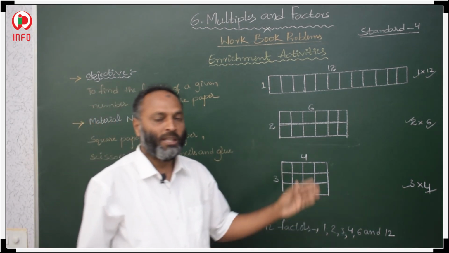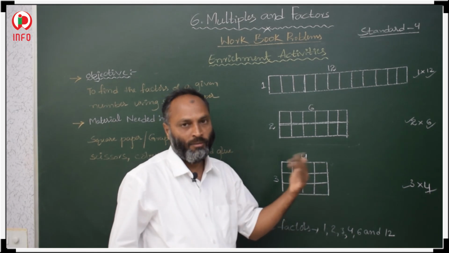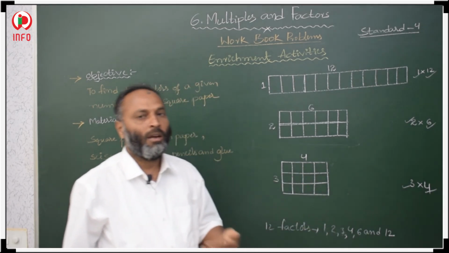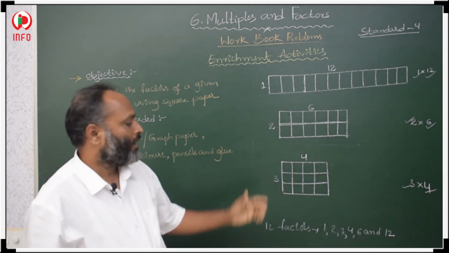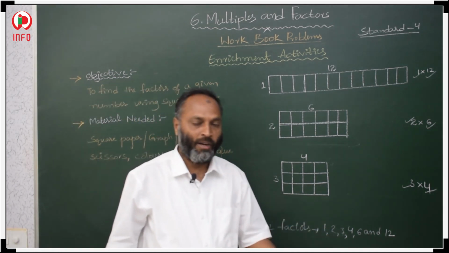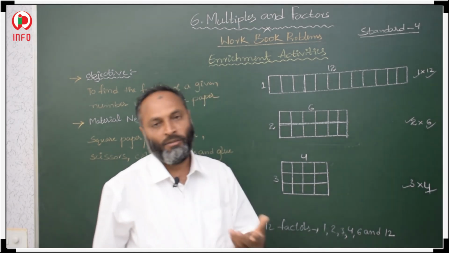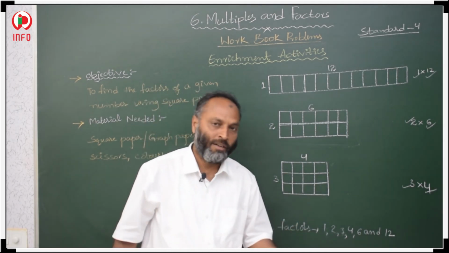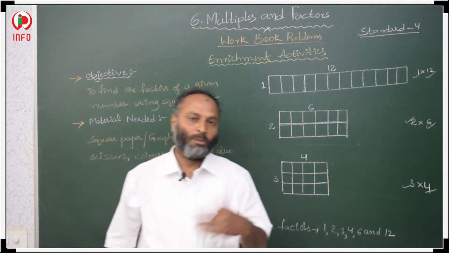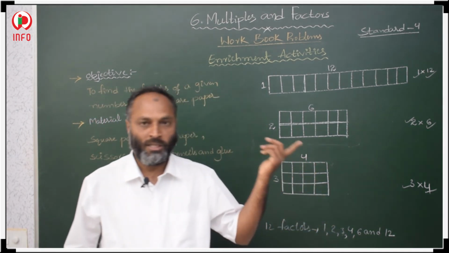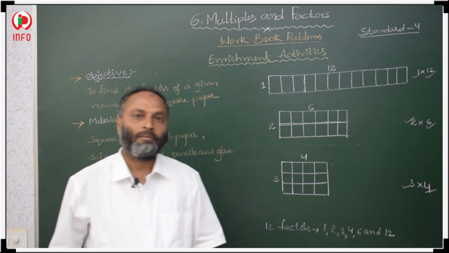Whatever number you want to choose is your wish, and you have to find that number's factors using square grids. Okay, okay students.